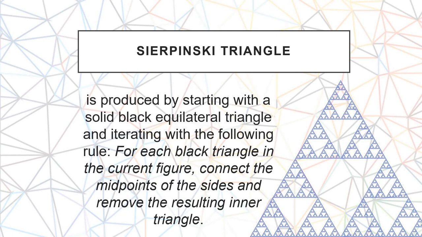So if you locate this, this is already our midpoint, and then we connect it with a line, and we now have 4 smaller equilateral triangles, but we will not be putting anything in the middle.